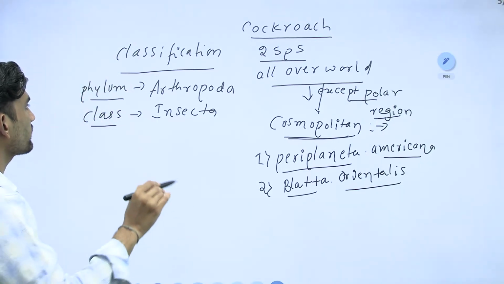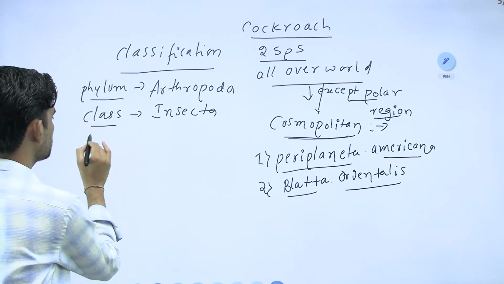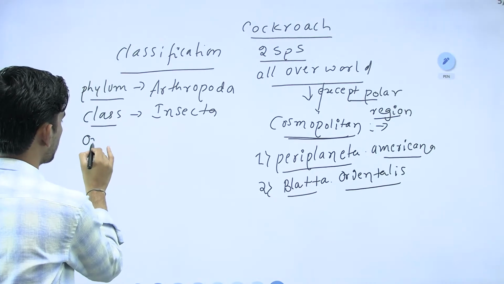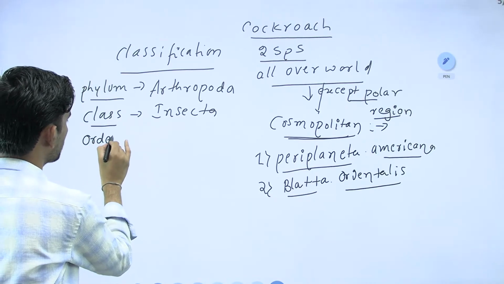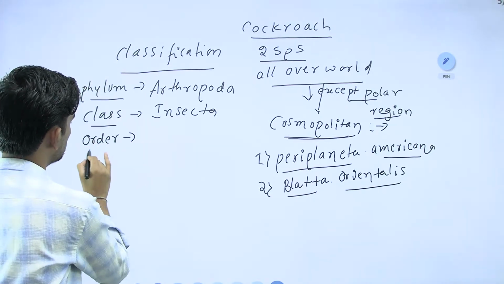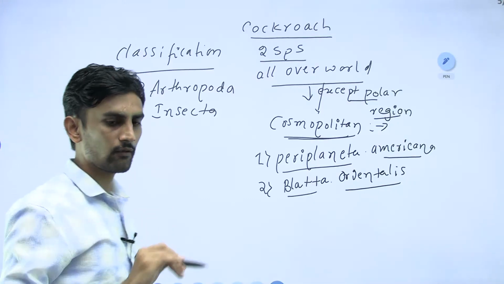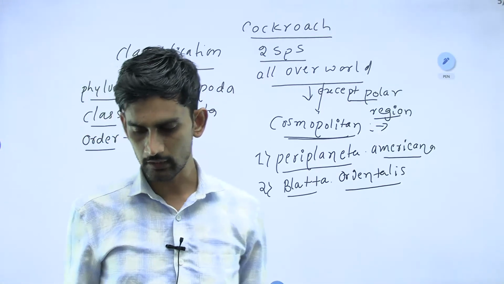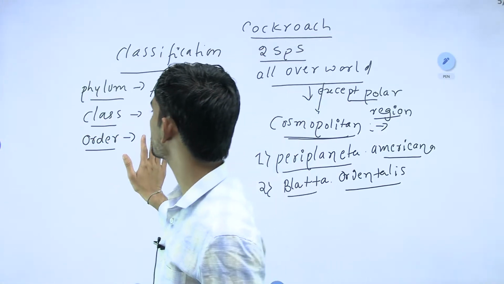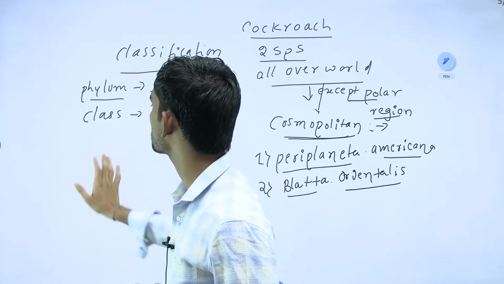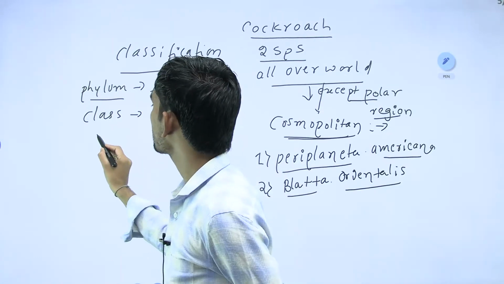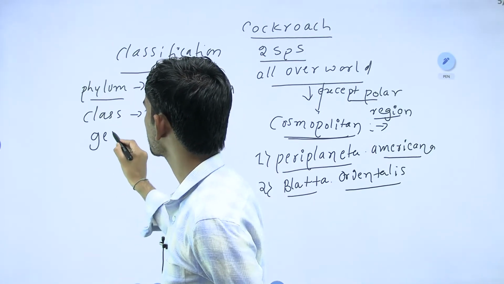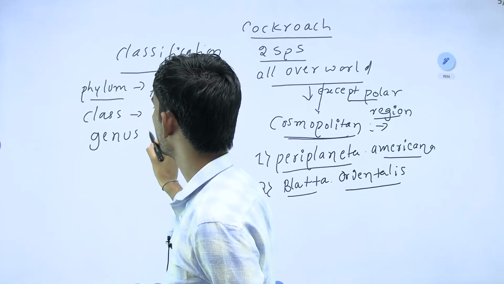Then the third important thing, order: in which order these animals belong. Otherwise, if you can't remember all these, at least you have to concentrate on genus, from the exam point of view.